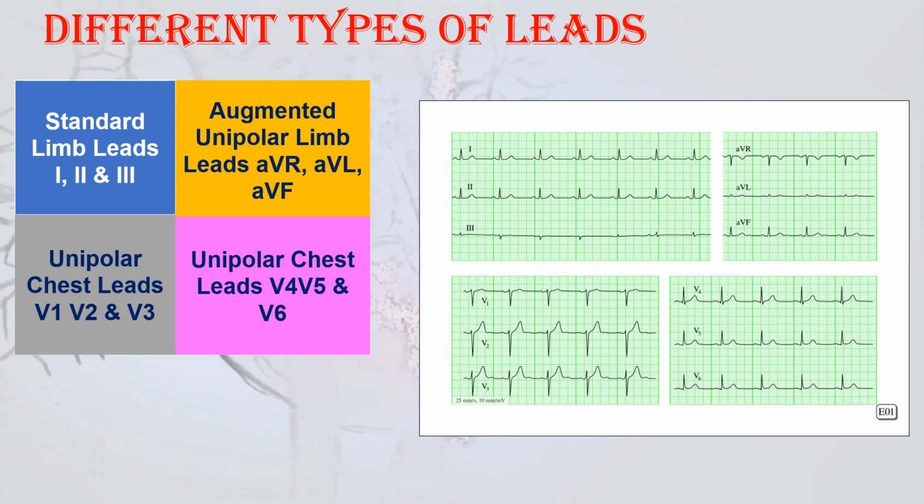So the leads are mainly categorized into three: standard limb leads, augmented unipolar limb leads and unipolar chest leads. Standard limb leads are 1, 2 and 3. Augmented unipolar limb leads are 3, that is AVR, AVL and AVF, and unipolar chest leads are 6, V1, V2, V3, V4, V5 and V6.